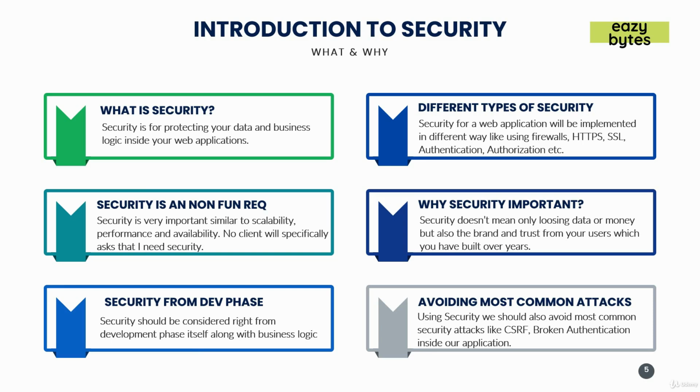When I say security, there are different types of security on how we secure our web application. We have firewall configurations inside our network. If it is an internal application, we make sure no one is able to access it from the outside world by putting some firewall restrictions. That is one kind of security. At the same time, we also use HTTPS and SSL certificates to make sure that no one is tampering with the data when a client is sending data to the backend server, and that is another kind of security.